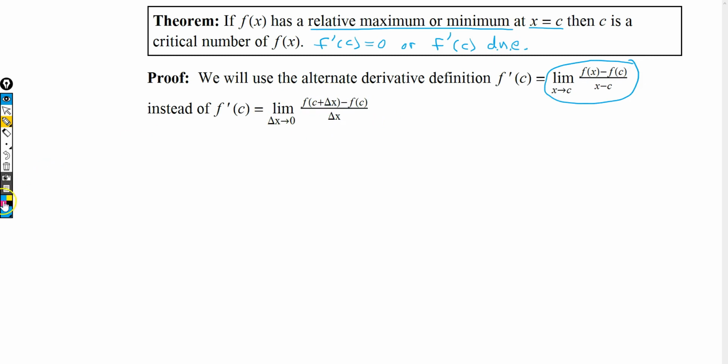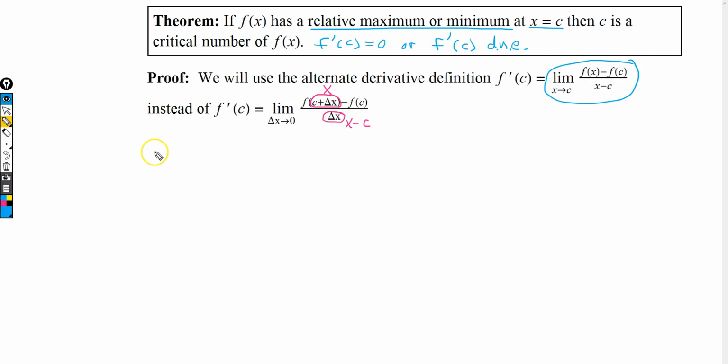We would just have to let c plus delta x be our x. And this part right here would be x minus c if we let x equal c plus delta x. Okay, now let's start our proof.